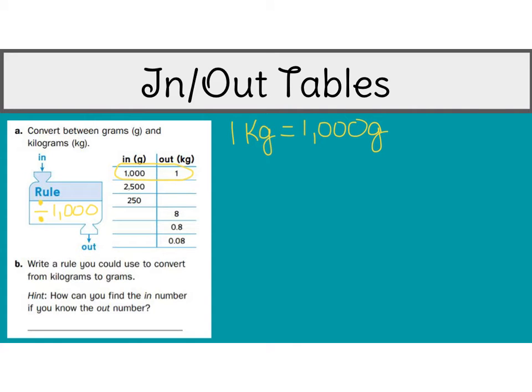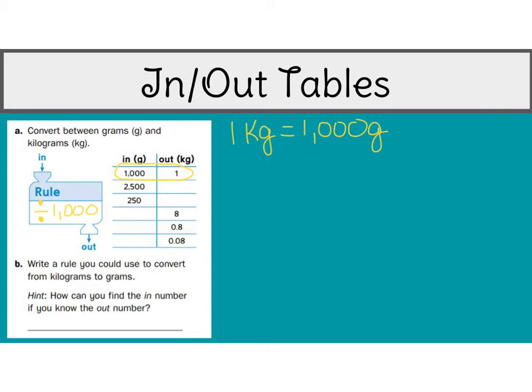If I made the rule divide by 1,000, let's see if it works. So we're putting the number 1,000 into this machine, and we're going to divide by 1,000. So 1,000 divided by 1,000, does that equal 1? Why, yes, it does.